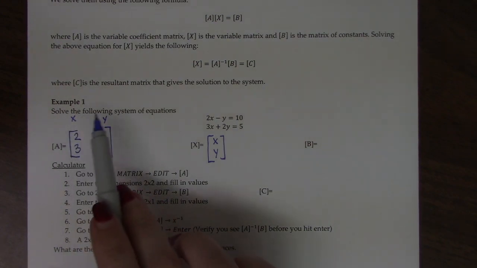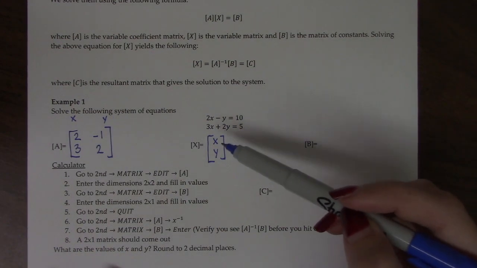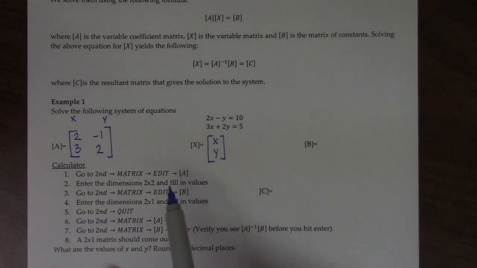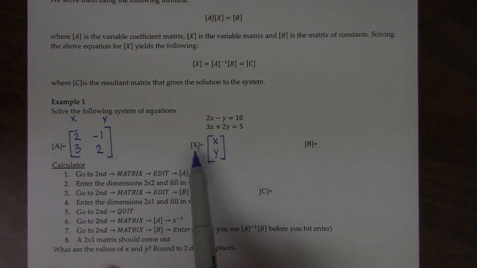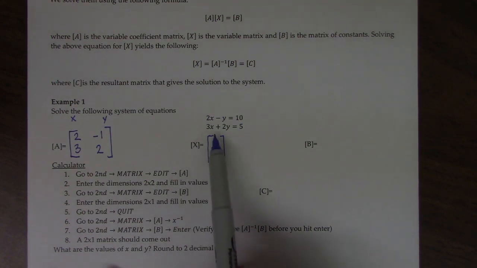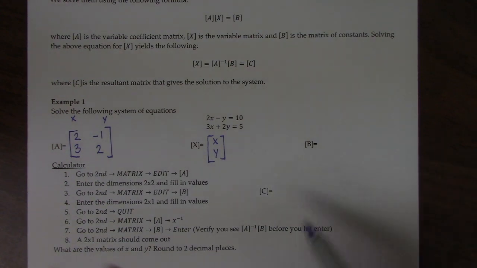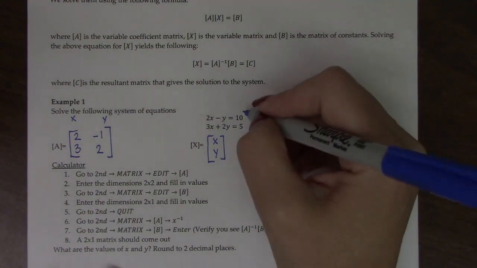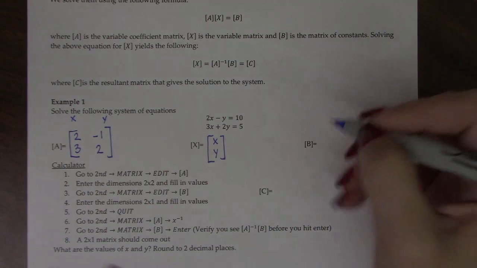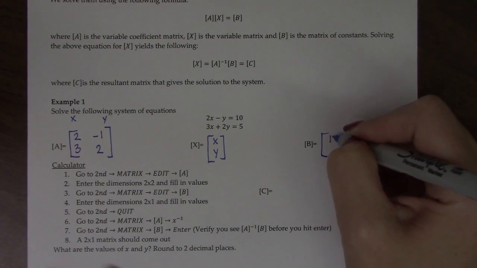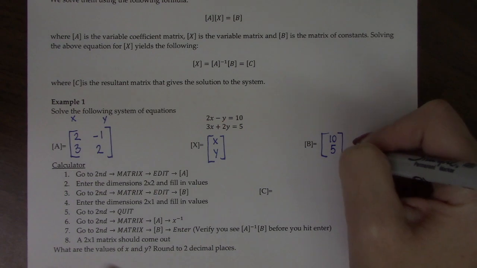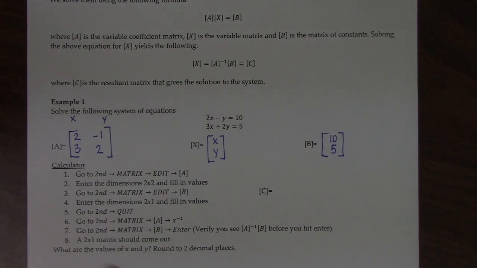So if it was x, y, z, this would be x, y, z. Notice we're calling this capital X. We use capital letters for matrices. Capital X just stands for all the variables, but the variables inside do not have to be named x. Then B is the constant matrix. We just grab the constants exactly how we see them, and we get a column of constants.